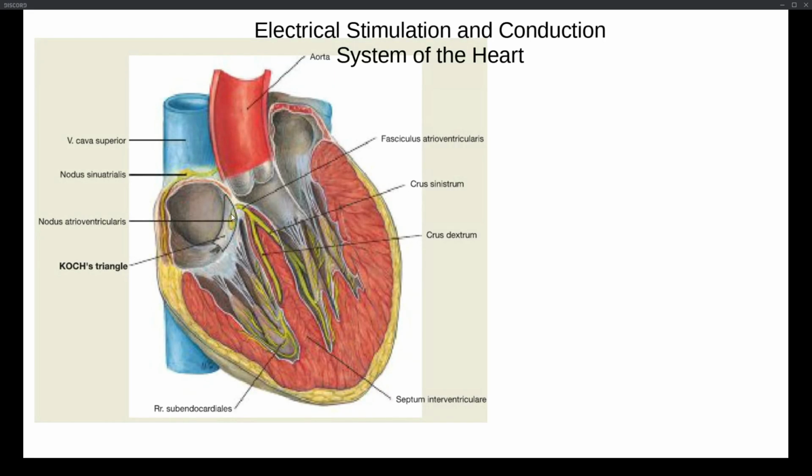The function of it is, first of all, it is its own pacemaker as well. So even if the nodus sinoatrialis would die for some reason, technically you don't need it. The nodus atrioventricularis can be enough for your heart to work. The problem here is that it is much slower. In its normal function, the nodus sinoatrialis will send its signal. The atrium will contract.